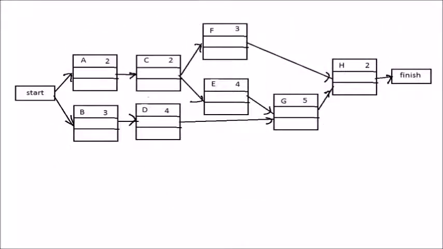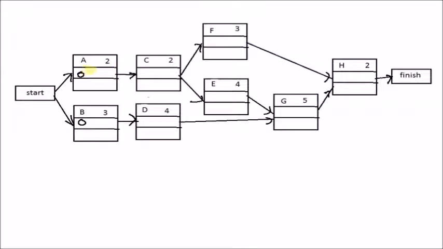We now fill in the values for earliest start, earliest finish, latest start, latest finish for all activities. We start from 0. From start, we go to A and B. So we put in zeros for A and B. The time for activity A is 2 weeks.